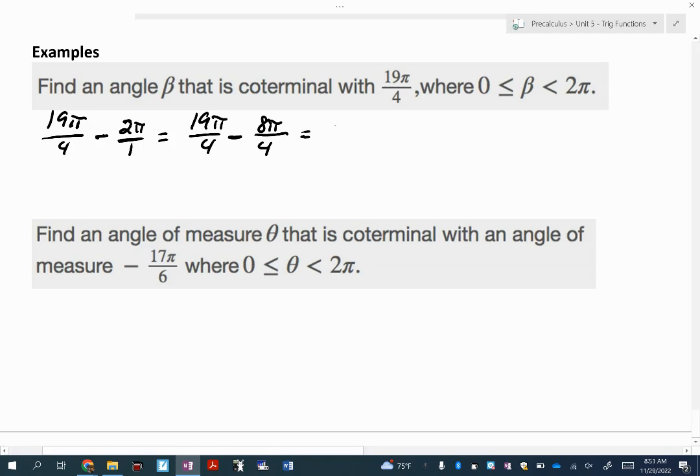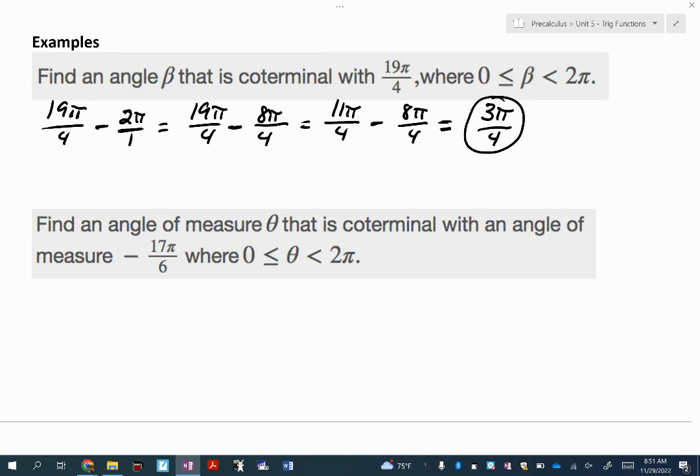So now when I subtract, I get 11 pi over 4, which is still too high. 2 pi is the same as 8 pi over 4, so I have to subtract another 8 pi over 4, and that's going to give me 3 pi over 4. So this angle of 3 pi over 4 is what I'm looking for in terms of coterminal between 0 and 2 pi.